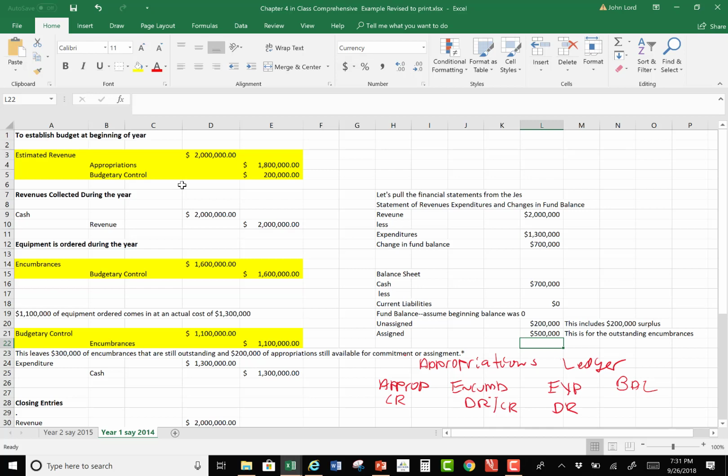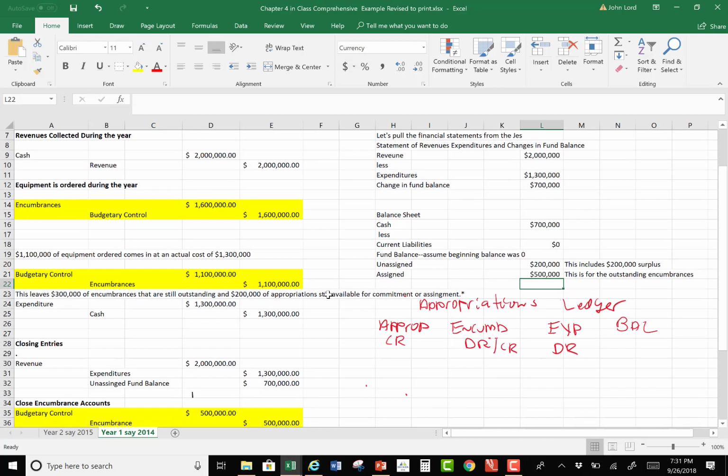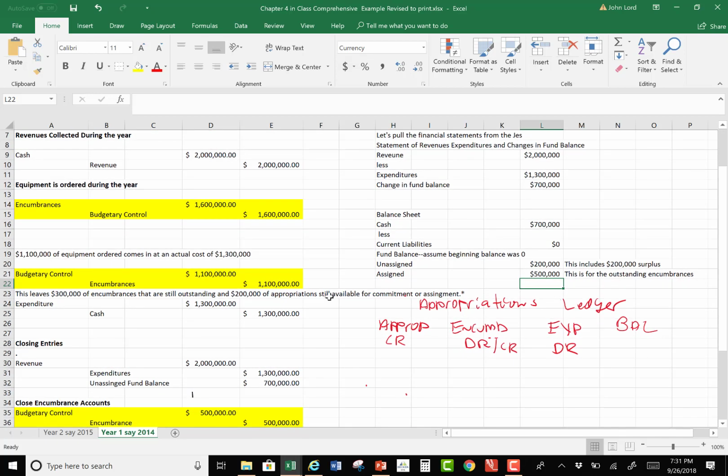I'm going to stick that credit to the appropriation of 1,800,000 in. That gives me then a credit balance of how much? 1,800,000 in my appropriations ledger right out of the gate. Right? Okay, good.